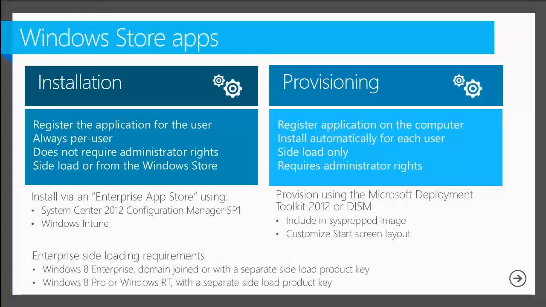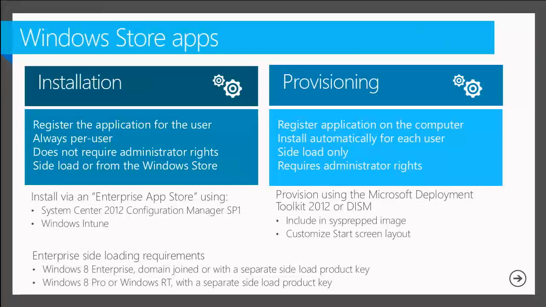To get to that point, though, we need to get a little deeper into understanding the way this whole process works. When we talk about installation of Windows Store apps, what we're talking about is making them available for a user. The installation process for Windows Store apps is a per-user operation.